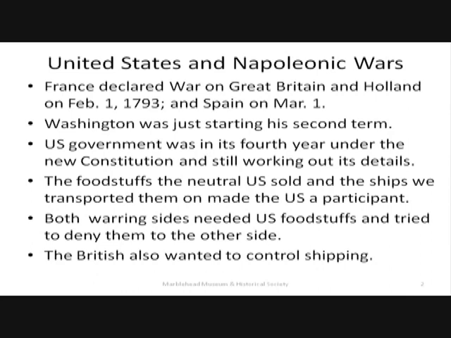So they needed the food that the US had. The trouble was they wanted to deprive their enemy of that food. So each one of them wanted as much as they could get from the US, but wanted to keep it from the other side. And this basically resulted in some pretty nasty economic warfare towards the end. But this is what got us involved.